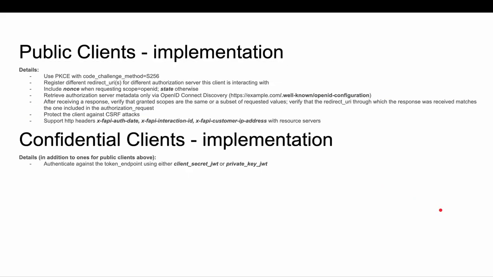Now on this page again, I try to come up with an overall list of requirements for implementations, and whatever applies to public clients also applies to confidential clients in the context of FAPI.